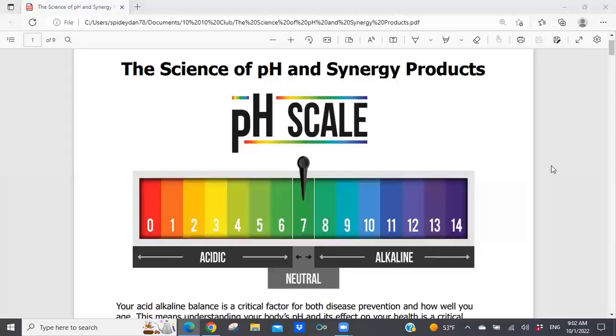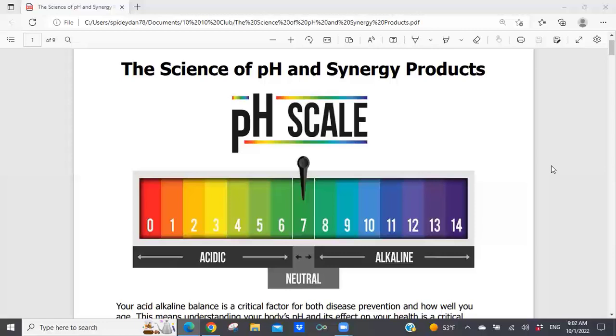Now, one of the things that people don't understand about pH is that they think that it's arithmetic as opposed to it being logarithmic. So here's the difference. If I look at this pH scale, arithmetic, then if I go from a pH of 7 neutral to a pH of 6, which is acidic, you would think that I went by 1.